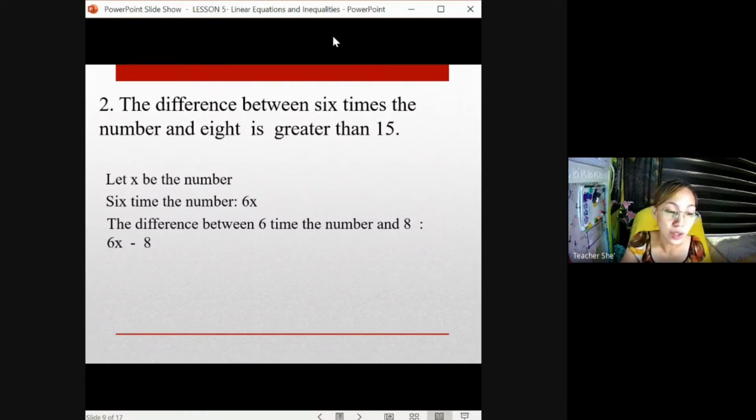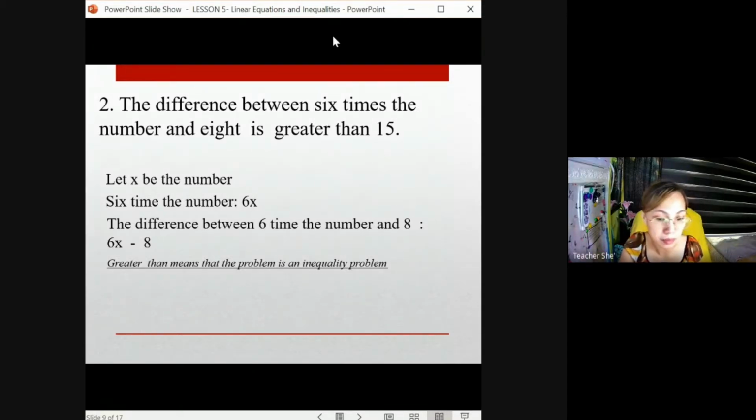Greater than means the problem is an inequality. So 6x minus 8 is greater than 15.